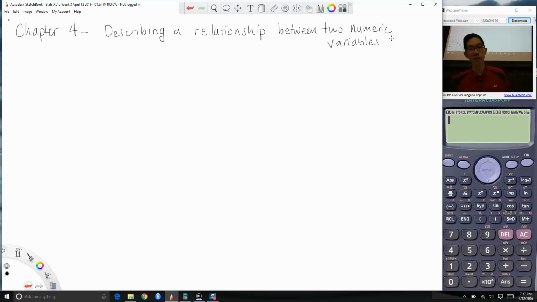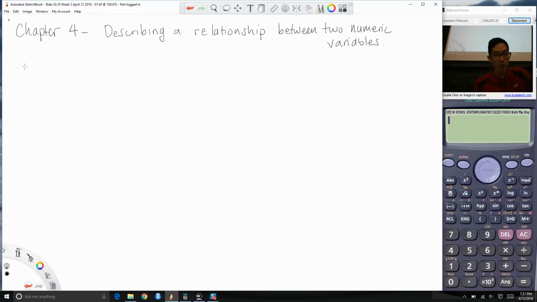Okay, so let's talk about describing a relationship between two numeric variables. Generally, we have the goal of trying to explain a relationship between these two variables.